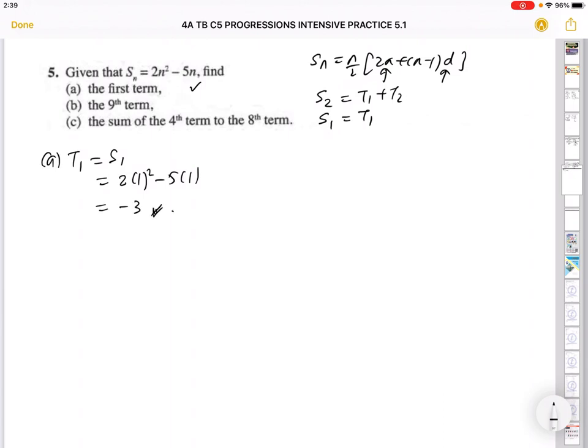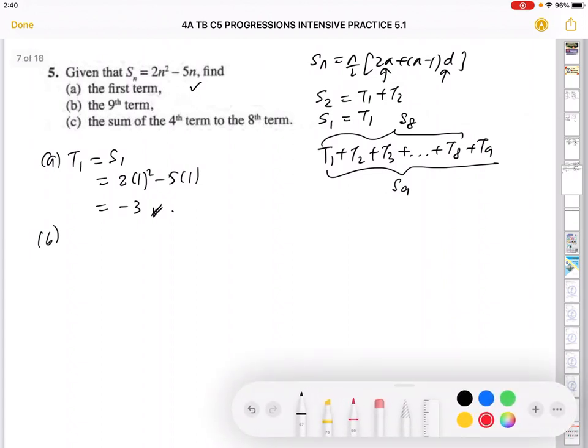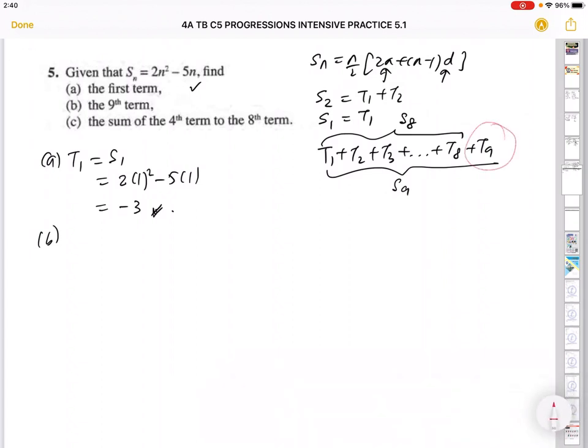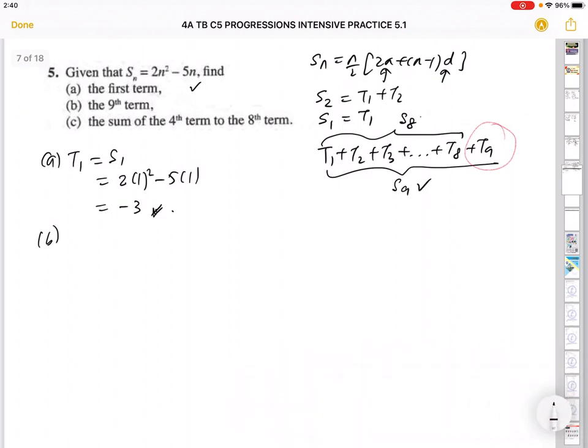To find the ninth term, we can use this concept. T1 plus T2 plus T3 all the way until T8 and T9 is called the sum of the first 9 terms. If I only want the value of T9 and not the rest, we can take S9 minus S8.